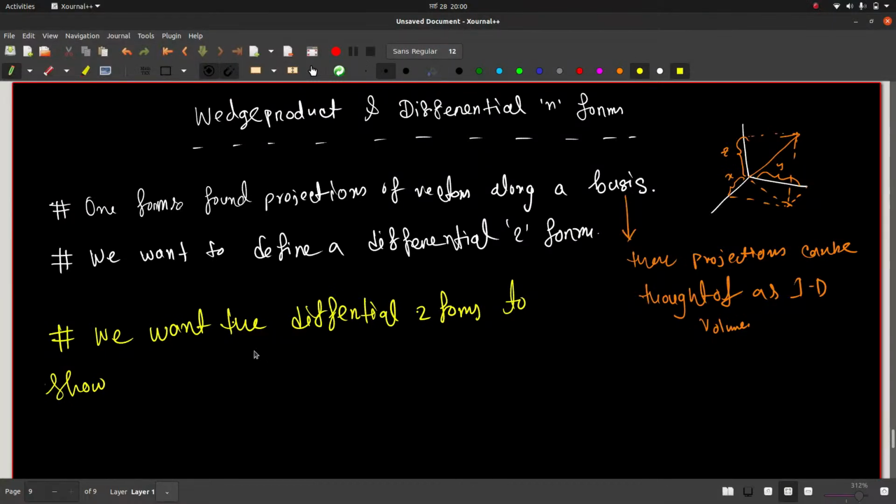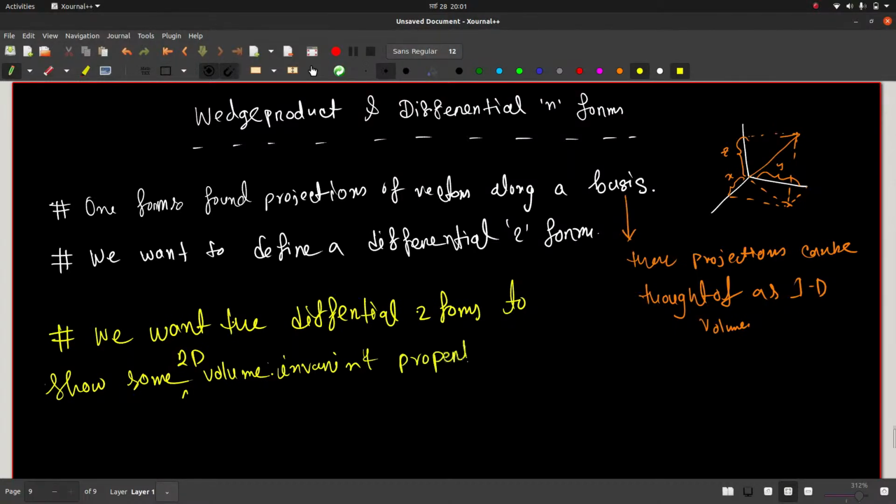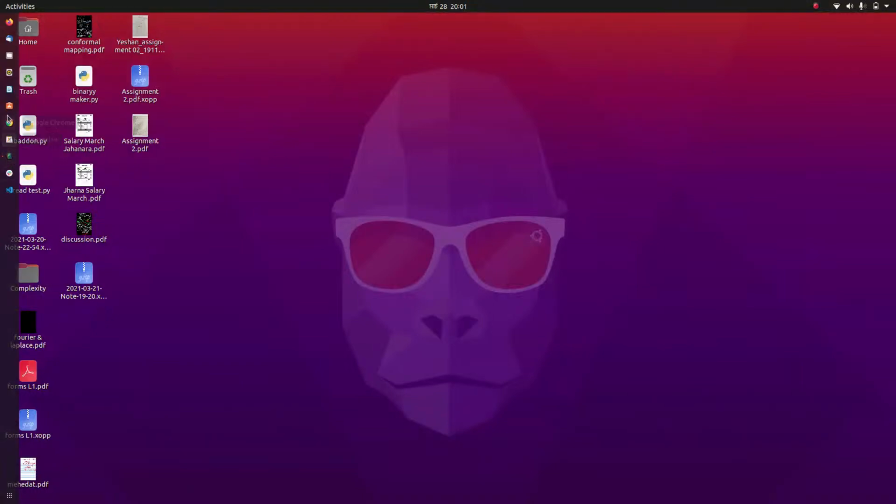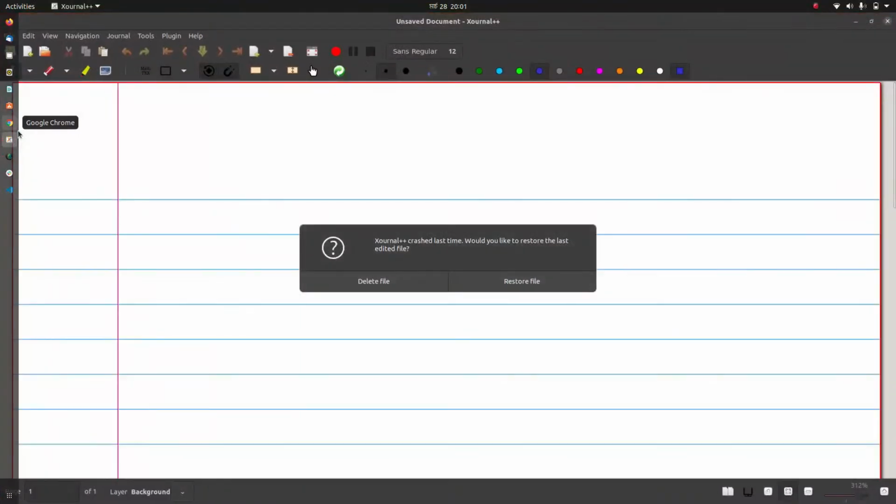Okay, so we want the differential two forms to show some volume invariant properties. This will be a 2D volume invariant property, just like one forms.